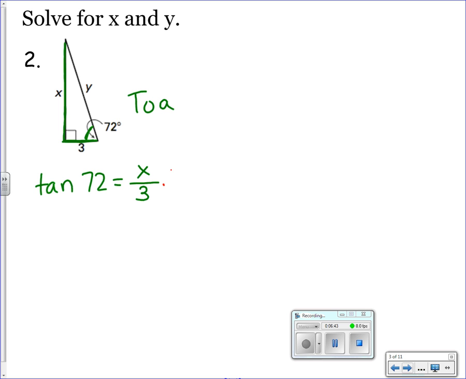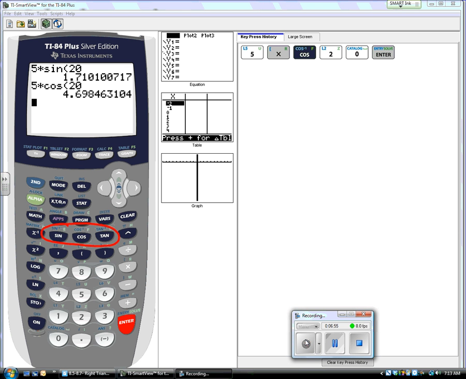So just as we did before, multiply both sides by 3. Again, you can't do this without a calculator. Three times the tangent of 72.